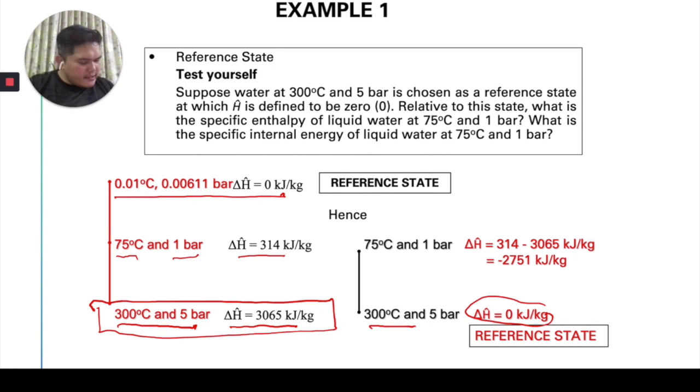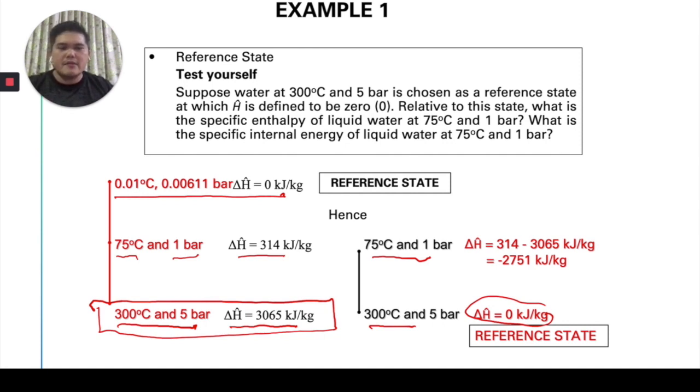So as such, you have to measure what the change will be from 300 degrees Celsius and 5 bar to 75 degrees Celsius and 1 bar. And you remember that when there is a change of temperature from a higher temperature to a lower temperature, you should anticipate that the change of the internal energy or the enthalpy will become negative.